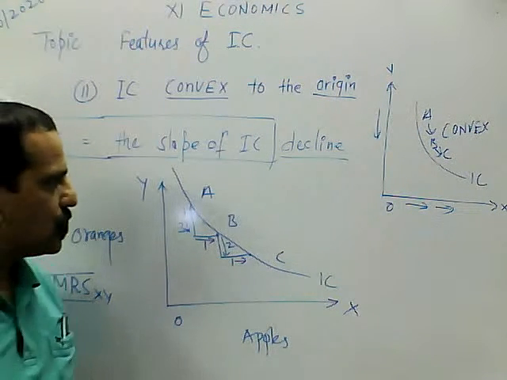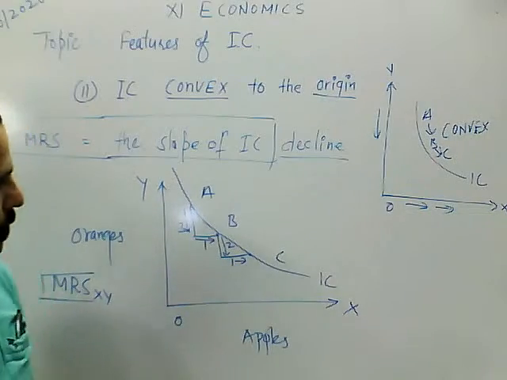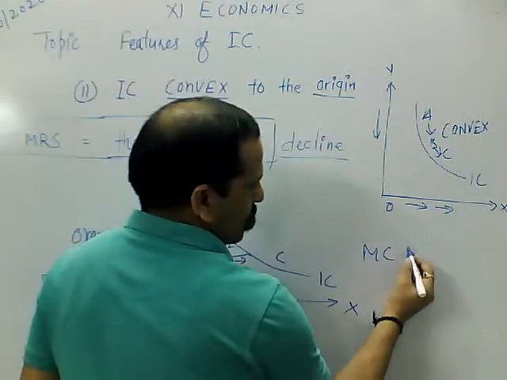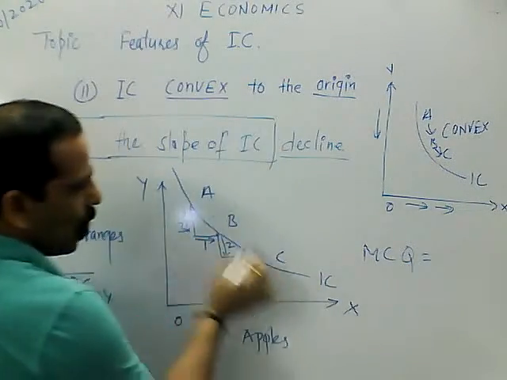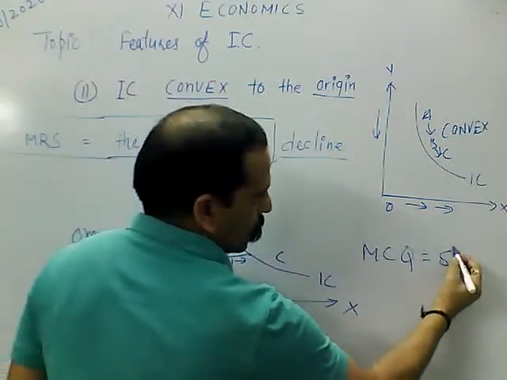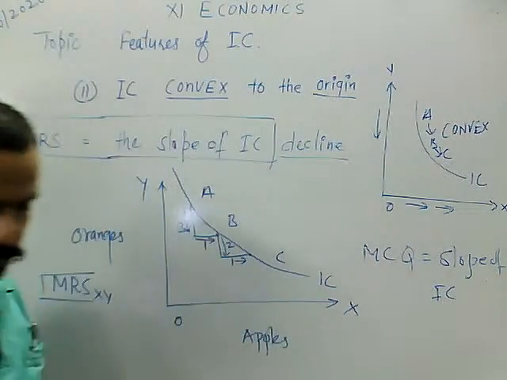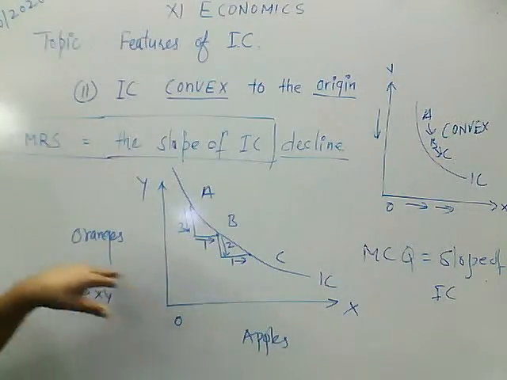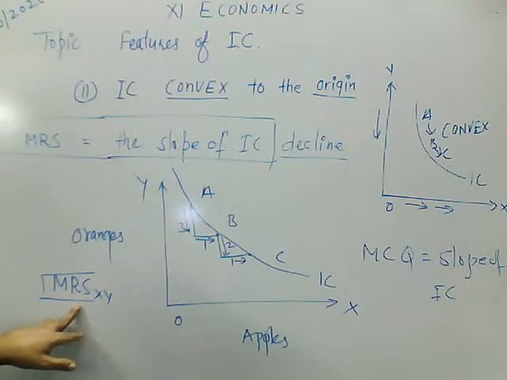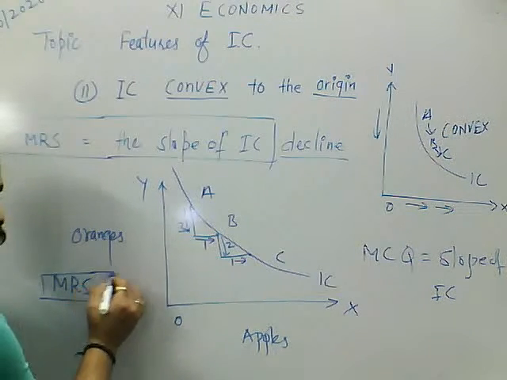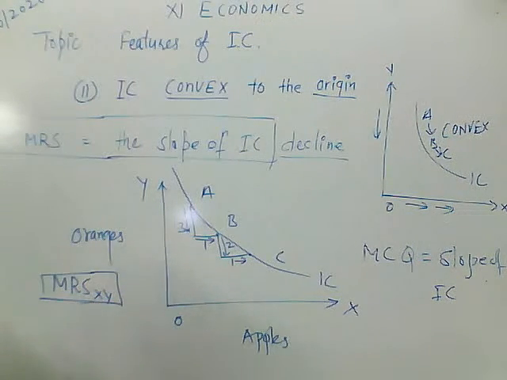So one MCQ is there. MCQ number 2. The slope of the indifference curve depends on the marginal rate of substitution for X and Y. Understood?